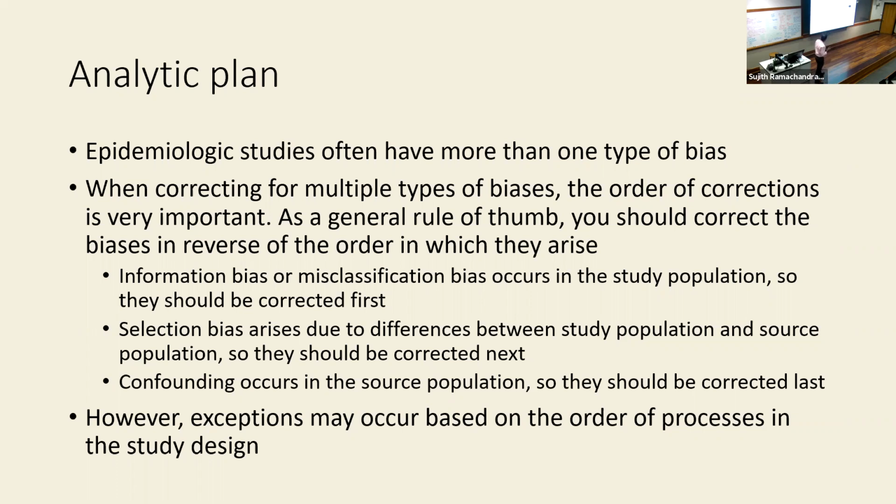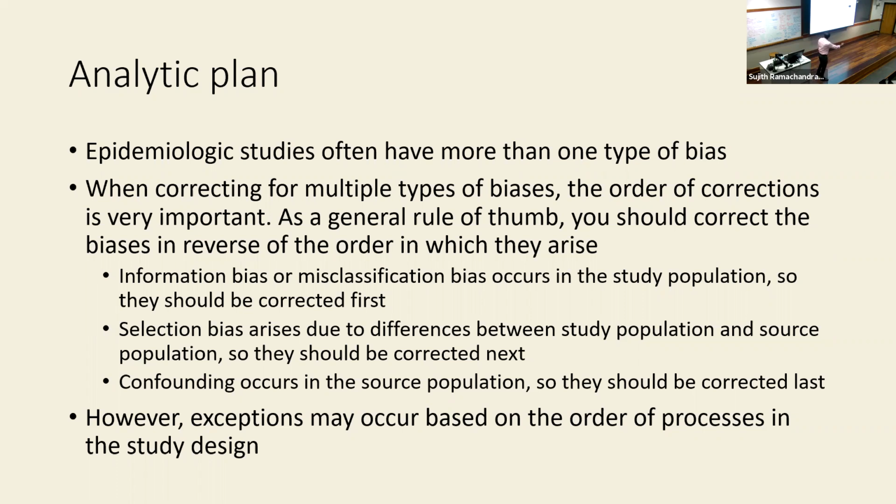The rule of thumb to follow when you have to correct for multiple types of biases is that you should correct them in the reverse of the order in which they arise. This is what that generally looks like. The first bias you should correct for is the bias that happens in your study population. The study population you have may have information or misclassification bias because the variables you're measuring are not perfectly measured. So correct for that one first.